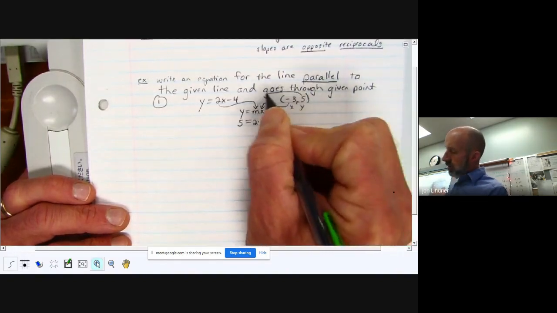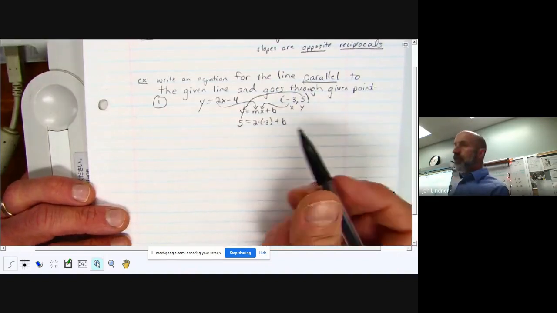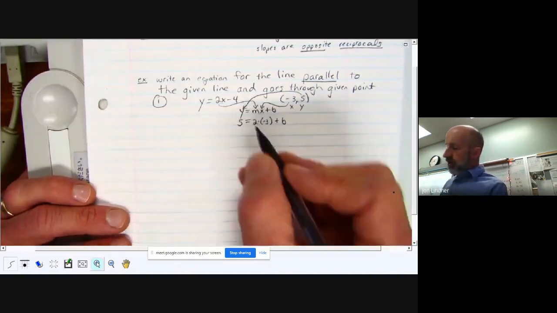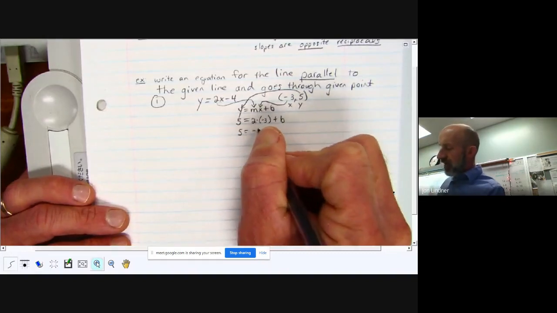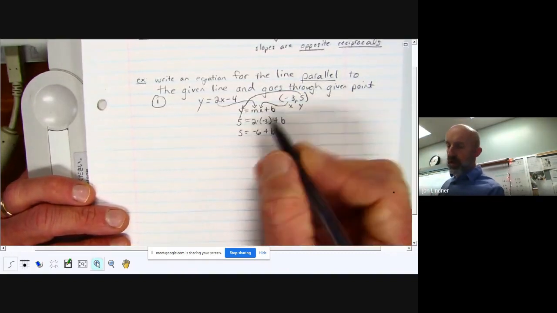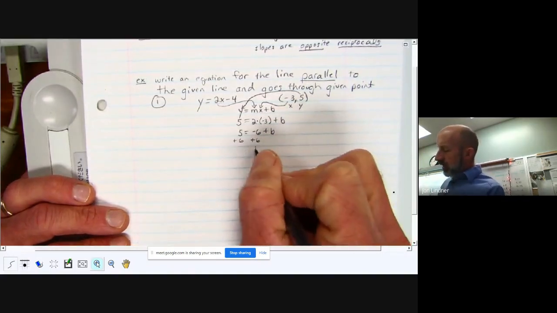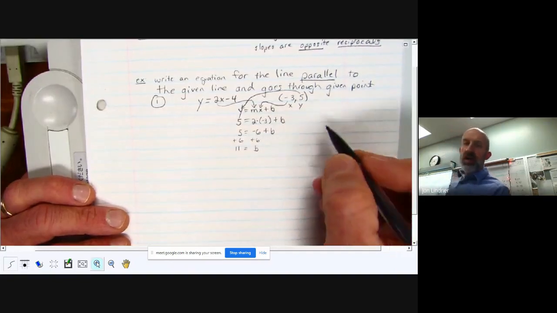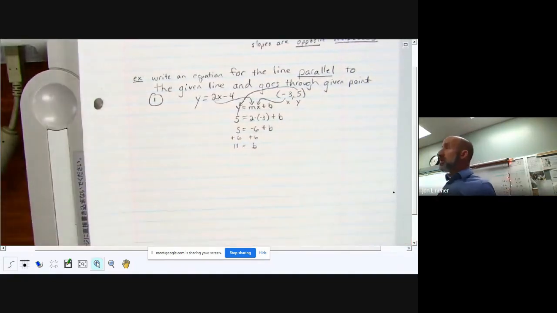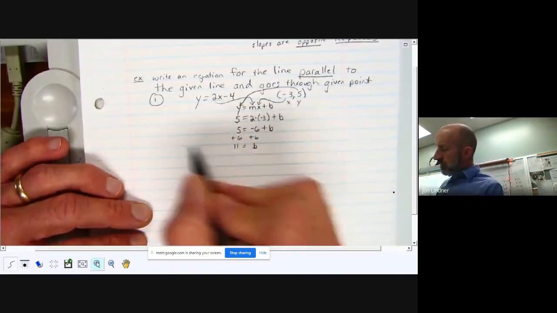We've done this before. So now I just do the simple algebra to solve this. 5 equals -6 plus b. Add 6, b equals 11.